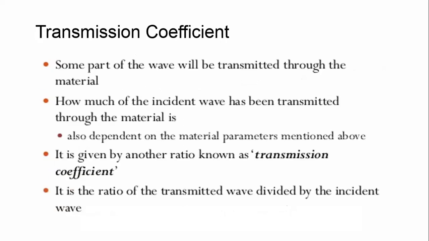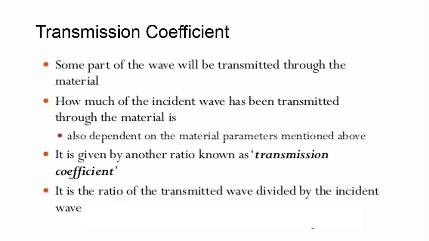Similarly, we should know the transmission coefficient along with the reflection coefficient, because these two parameters are most widely useful in mathematical expressions, while simplifying the mathematical modeling, or in any kind of design part. You should be aware of the reflection coefficient as well as the transmission coefficient. The transmission coefficient is also one of the parts of wave propagation, while you are transmitting the wave from one point to another point.